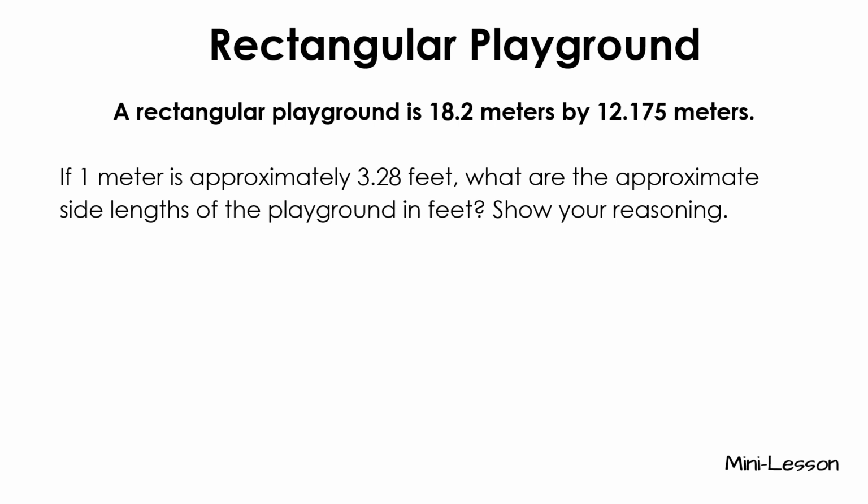So we're going to continue working with this playground. And they want to know that if 1 meter is approximately 3.28 feet, what are the approximate side lengths of the playground in feet? So here we would have to take each of the lengths and multiply it by its feet.